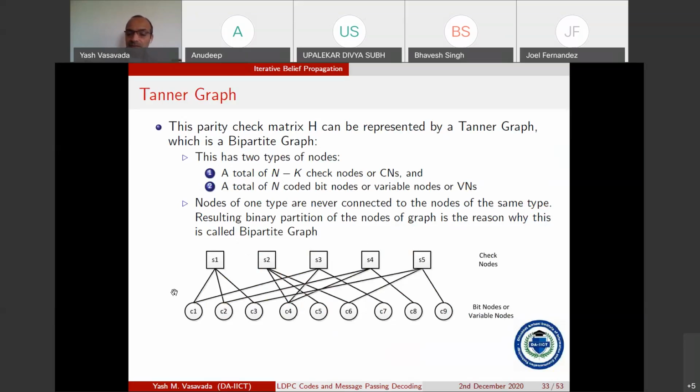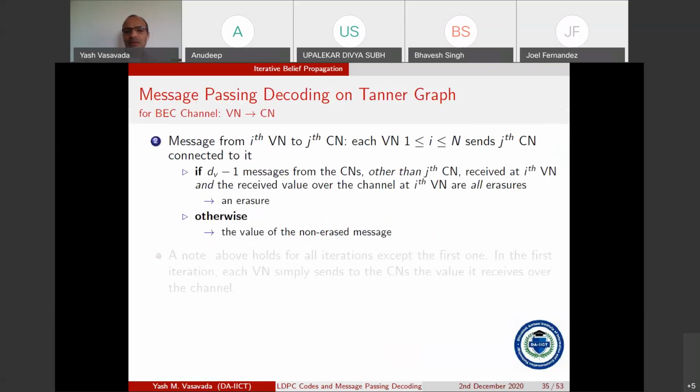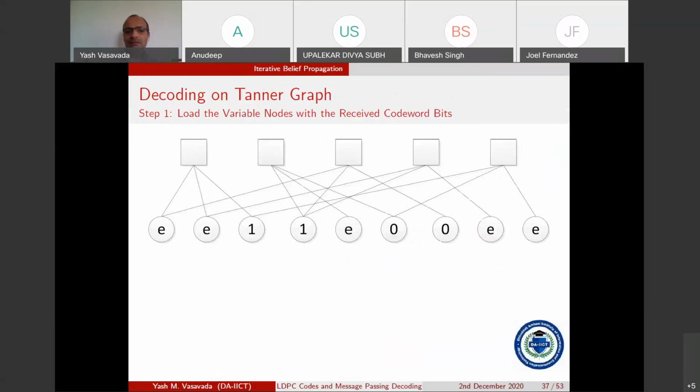Okay, so we will very quickly go over the message passing algorithm, and I'm not going to get into the details here, but I'll just show how the messages are getting exchanged.